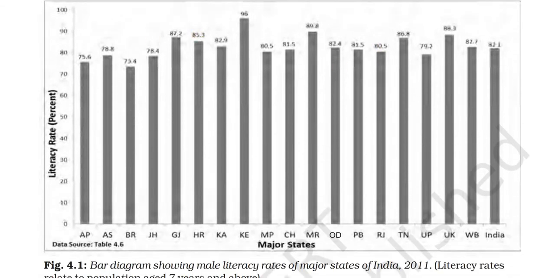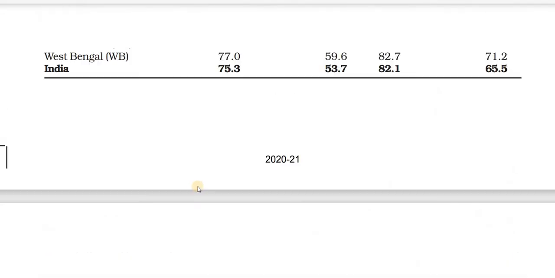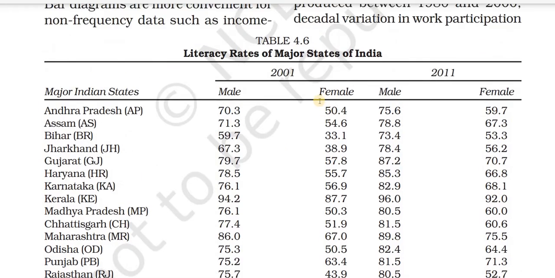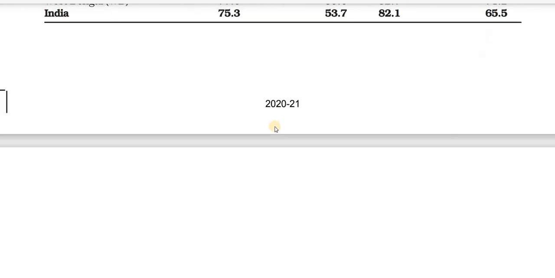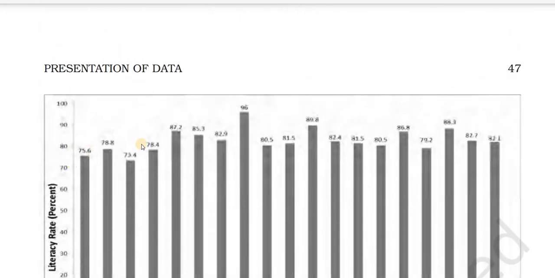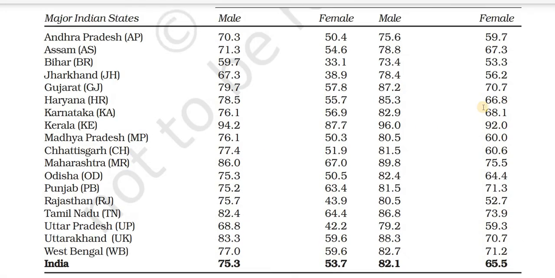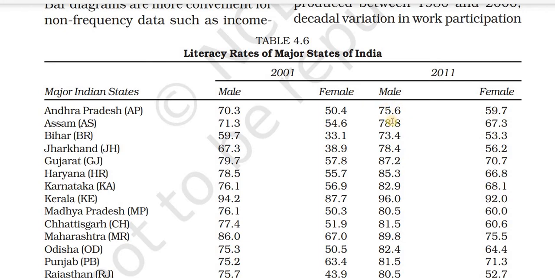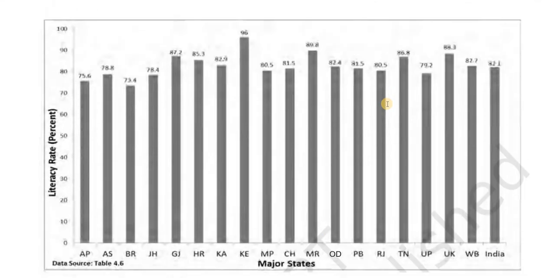Here you can see the male literacy rate. What is the percentage of males? First we take the first state, Andhra Pradesh. Andhra Pradesh is 75.6. Then Assam is 78.8.